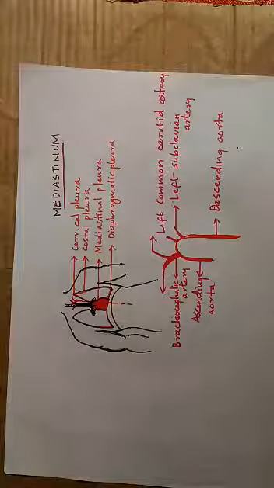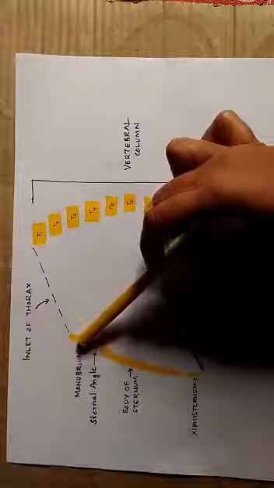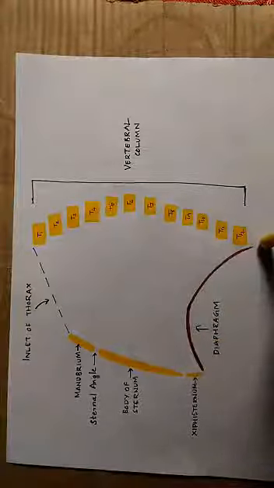And coming to the mediastinum, when viewed from the side, it is seen like this. This is the sternum: manubrium sterni, body of the sternum, xiphisternum, and this is the vertebral column, 12 thoracic vertebrae from T1 to T12. This is the inlet of the thorax and this is the diaphragm.